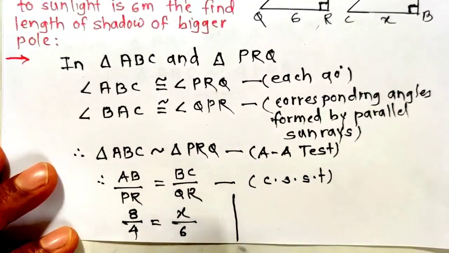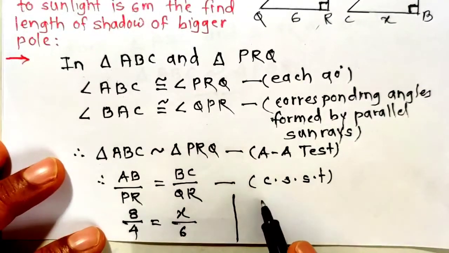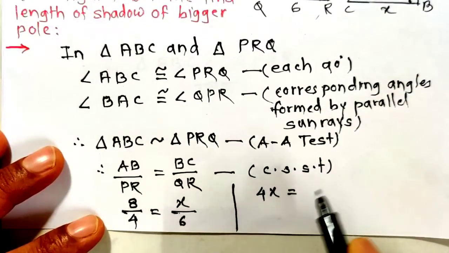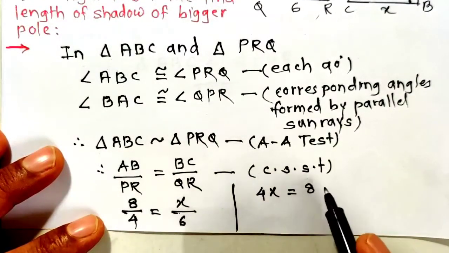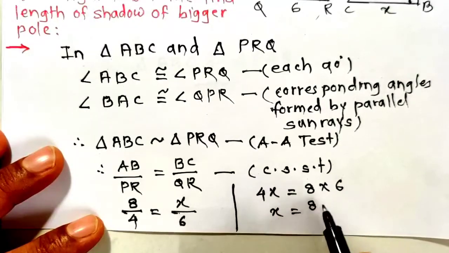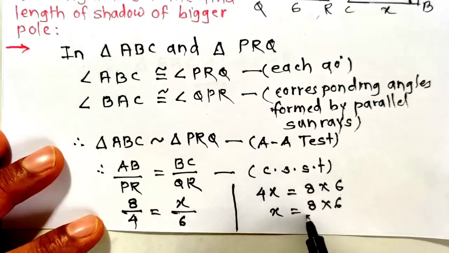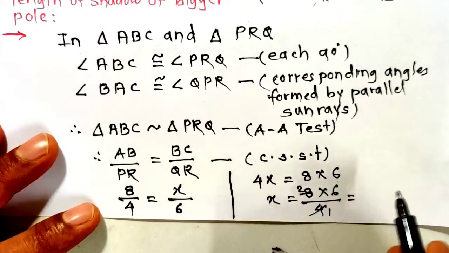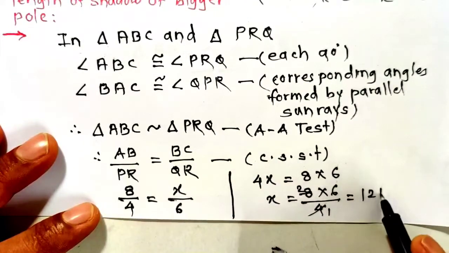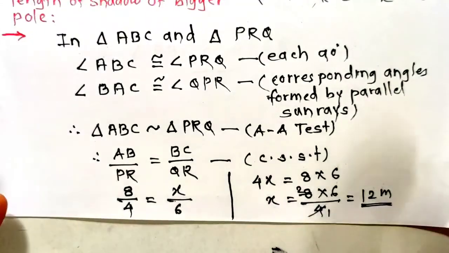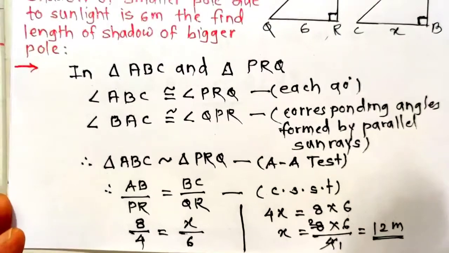So here by cross multiplication we get 4x is equal to 8 into 6, and therefore x is equal to 8 into 6 divided by 4. 4 ones are 4 and 4 twos are 8, so 6 twos are 12 meter. So this is the length of the shadow of that larger pole or bigger pole.